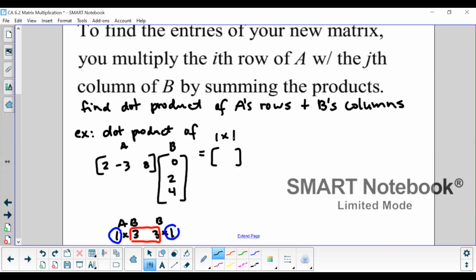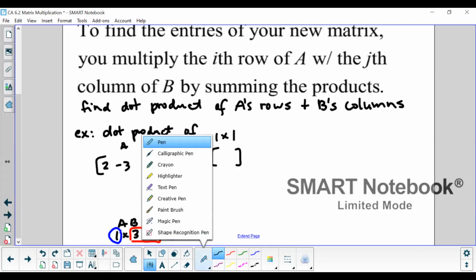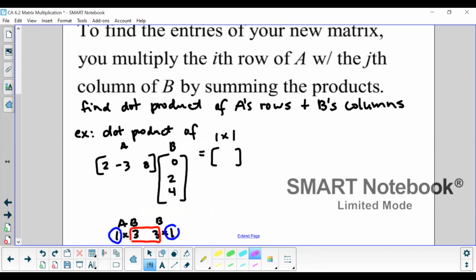And here's how we find the dot product. We multiply rows by columns. We multiply their corresponding entries. So the first entry in A times the first entry in B. So that's 2 times 0, or just 0. And then we do the second entry in A times the second entry in B. And that's -3 times 2, which is -6.